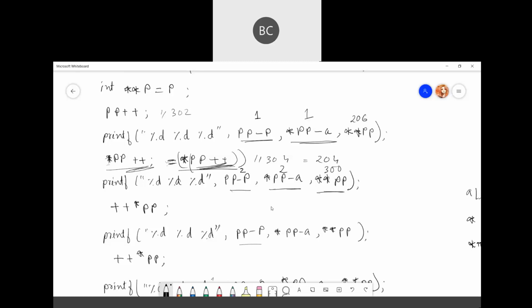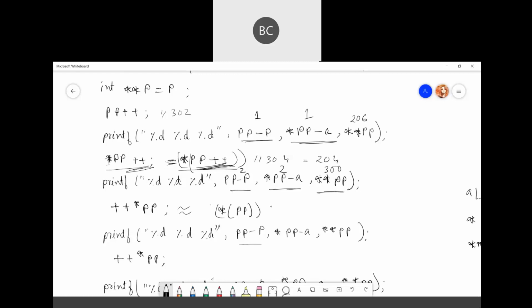Next we incremented the value. Now, in this case, what's happening here? The double plus and the pointer have the same precedence, so for this line you have to go for the associativity rule. It goes from right to left, so you will do this operation first.